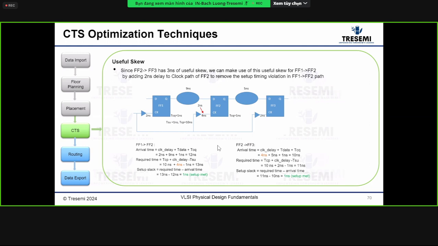Okay, that makes sense. It's a lot of data to digest. Because we have slack on the next path, useful skew, we're going to use it to help this one. The same thing could happen vice versa, and we just depend on what's happening.